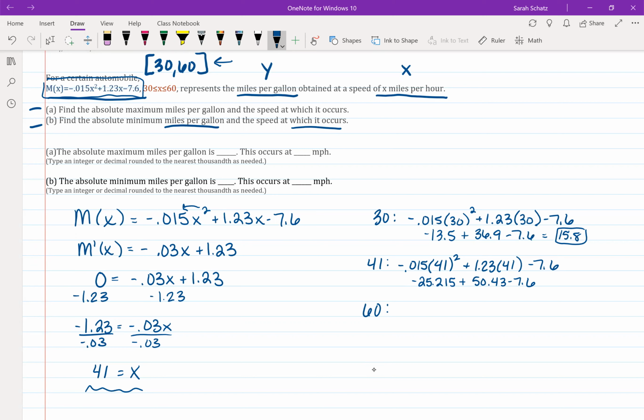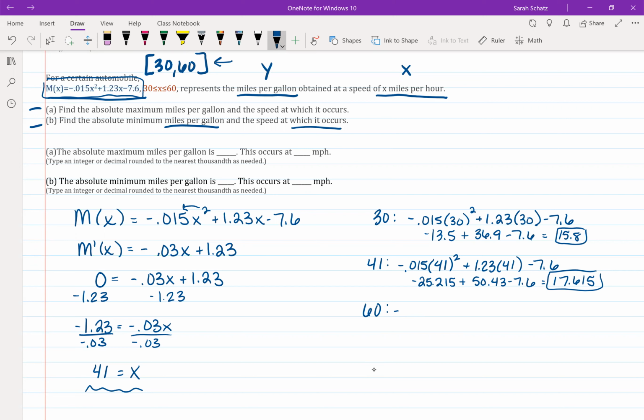So then do your add and subtract. Here I got 17.615. And none of these values have had to be rounded so far on this particular problem.